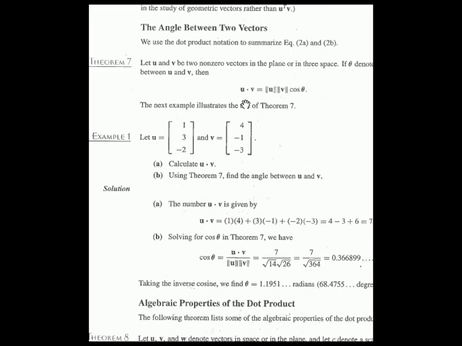And we're actually going to talk about the angle between two 10-dimensional vectors. We'll basically use this formula to define the angle between two 10-dimensional vectors, and it no longer makes sense geometrically. What's the angle between two 10-dimensional vectors? Who knows? Well, we know using this formula, but that's just a way to define it.